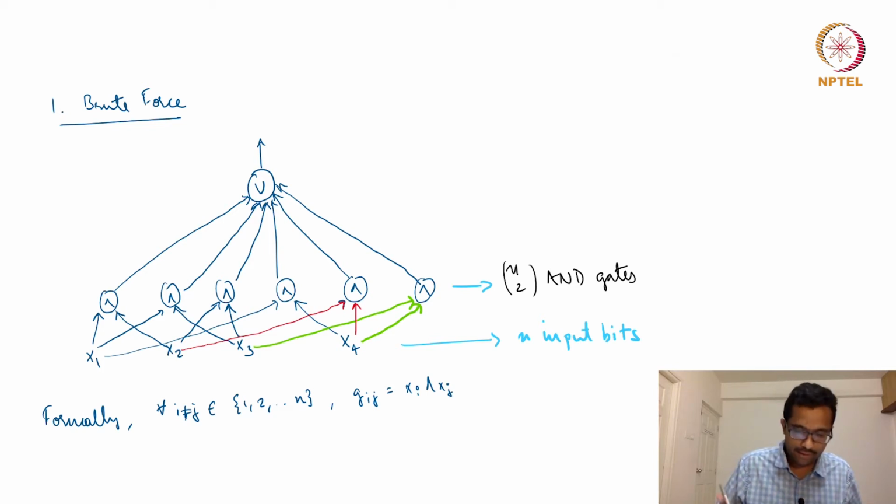So finally we have an OR gate to check if any AND gate is reporting a 1, that is reporting true.